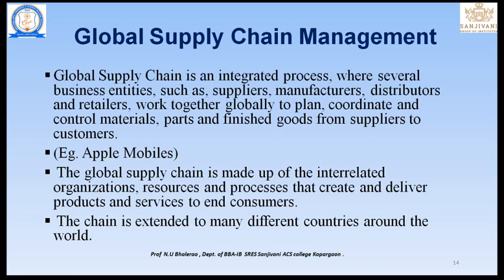As I mentioned, the best example is Apple mobiles. The word global shows that the global supply chain is made up of interrelated organizations, resources, and processes that create and deliver products and services to the end consumers. In a very simple way, the chain is extended to many different countries around the world.